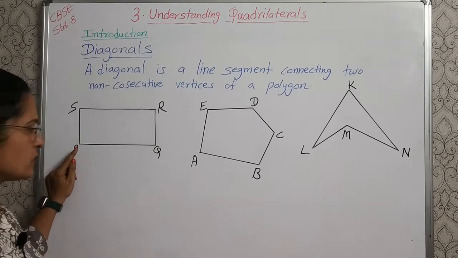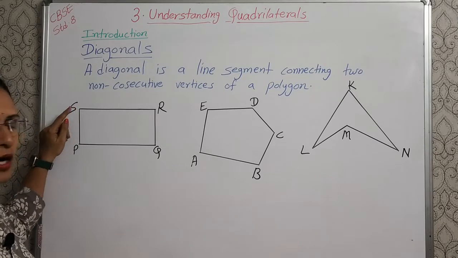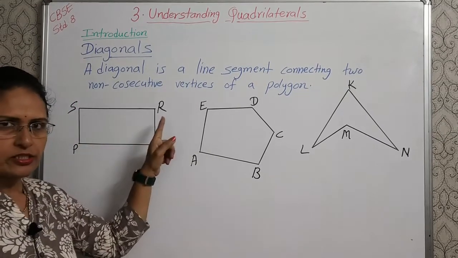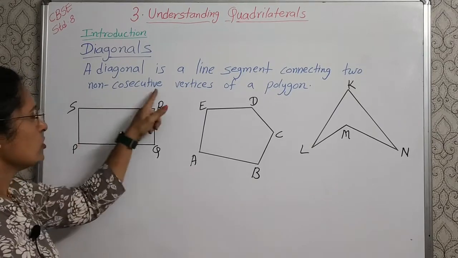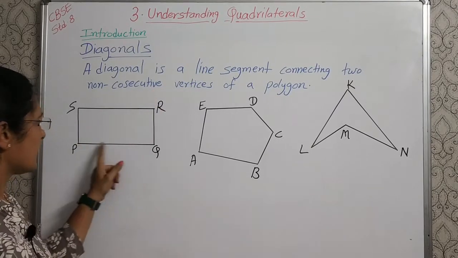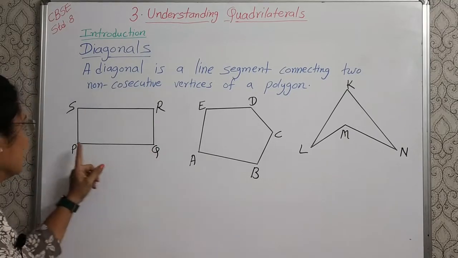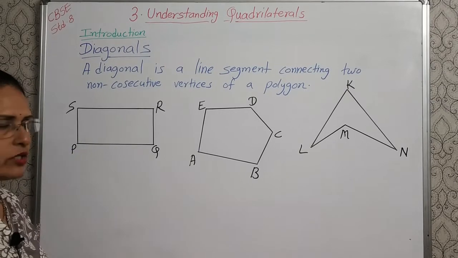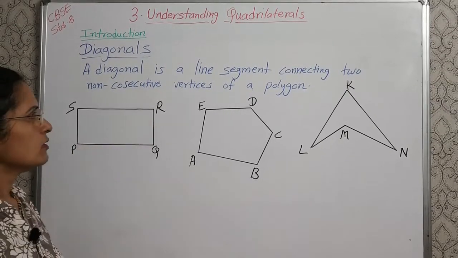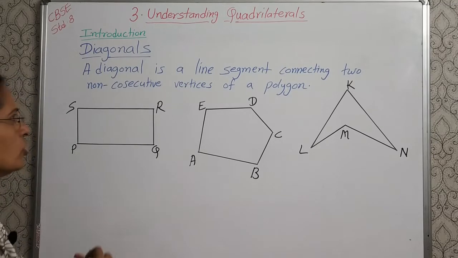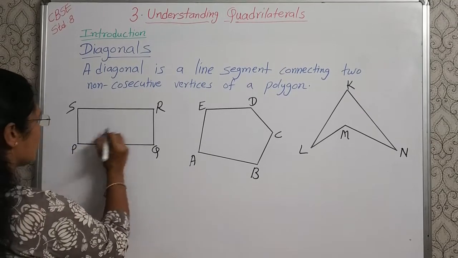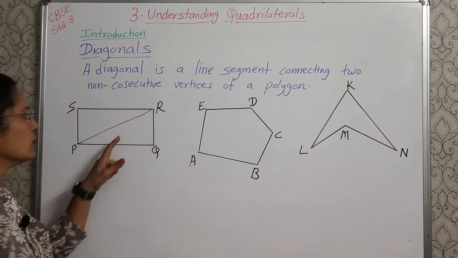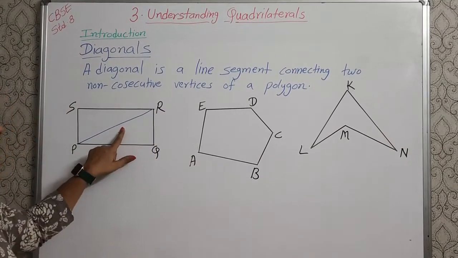Then vertex P and vertex S are also adjacent vertices, but P and R are not adjacent, they are opposite and non-consecutive. Consecutive vertices are those which are adjacent. So P and Q are consecutive, P and S are consecutive vertices, but P and R are non-consecutive vertices. So if you draw a line segment connecting these two non-consecutive vertices, then this is a diagonal of that polygon.